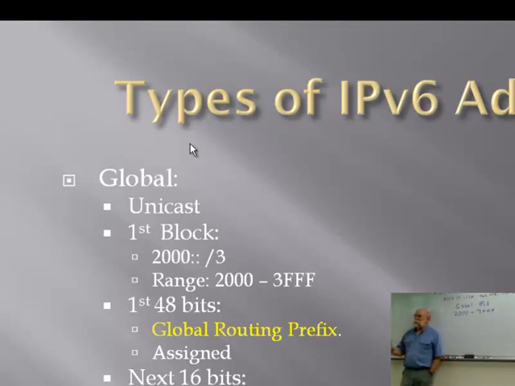This type of address is like a public IP version 4 address. It's routable on the internet. Essentially, you get this from whomever rents it, Network Solutions or whatever, and it covers the global address you get from them.